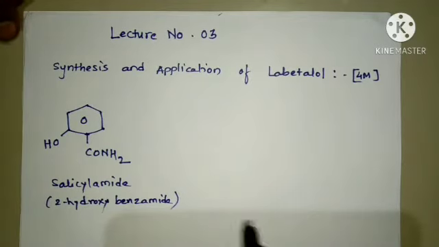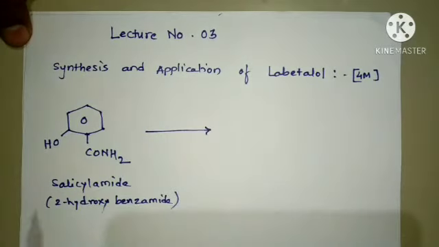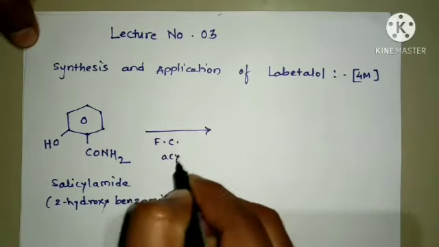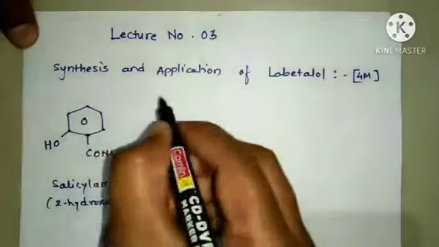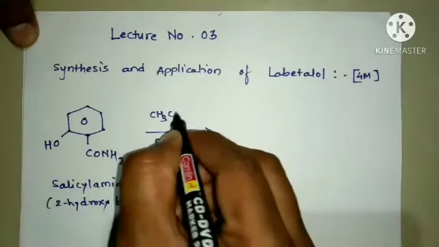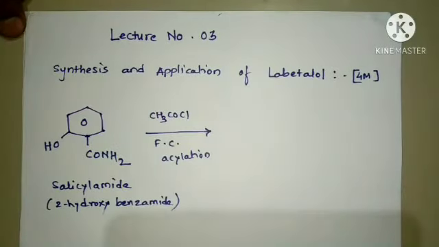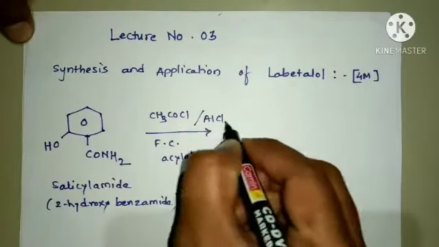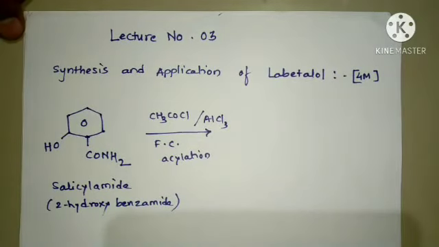This salicylamide undergoes Friedel-Crafts acylation. In Friedel-Crafts acylation, we require CH3COCl, acetyl chloride, in presence of aluminum trichloride, which is used as a Lewis acid.